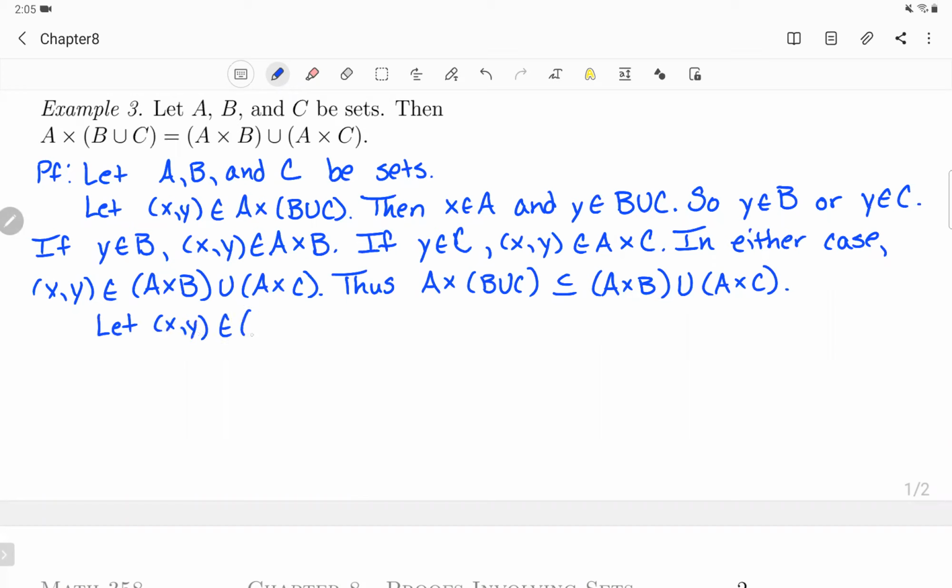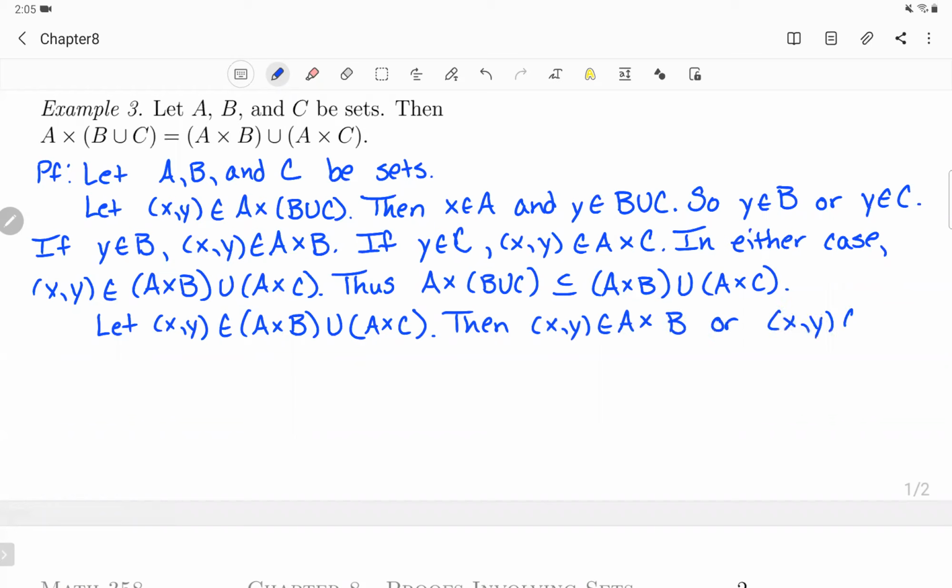Let (x, y) be in (A × B) ∪ (A × C). Well, by definition of union, it had to come from one of them. Then (x, y) is in A × B, or (x, y) is in A × C. In both cases, x is in A, right?